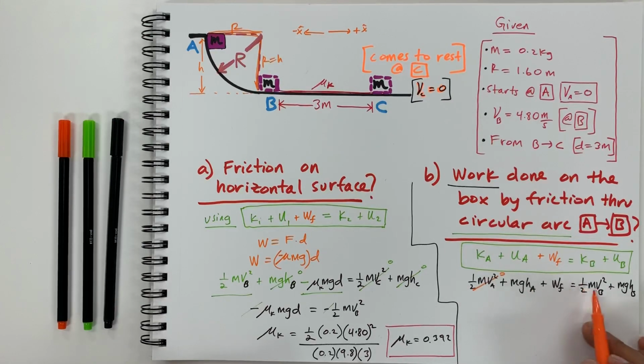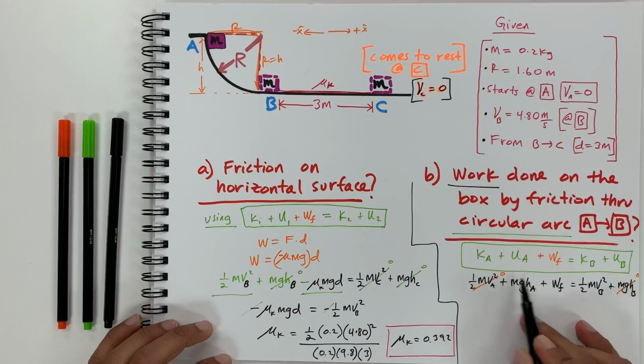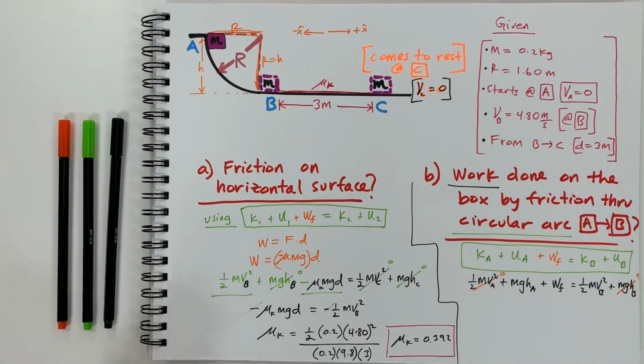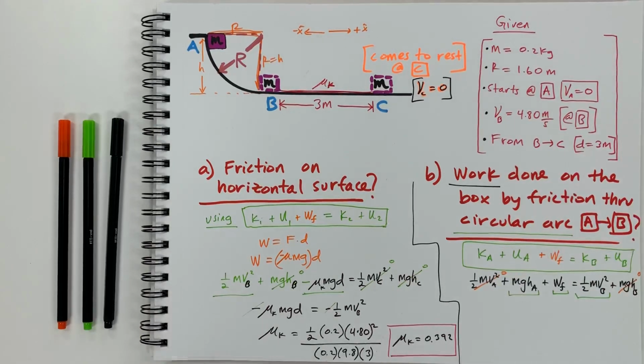Before we do that, let's look over here. Velocity at B, it was given to us. And height at B is 0 because we start on the ground. Okay, so some of those things canceled out. Now let's take a look at the rest. I'm going to rewrite this. Let's see what terms got left behind. This term, and this one.